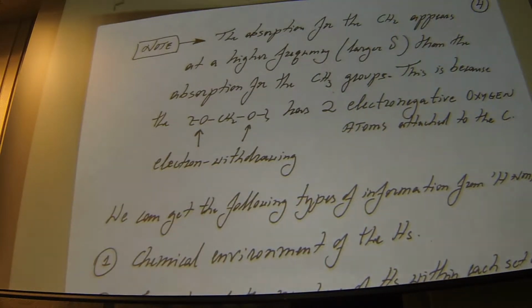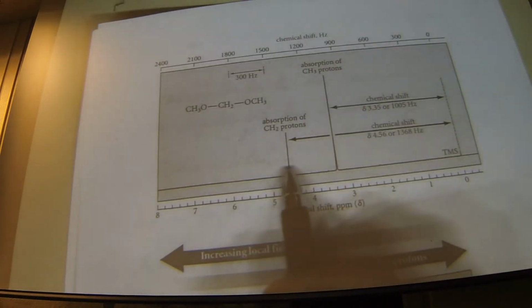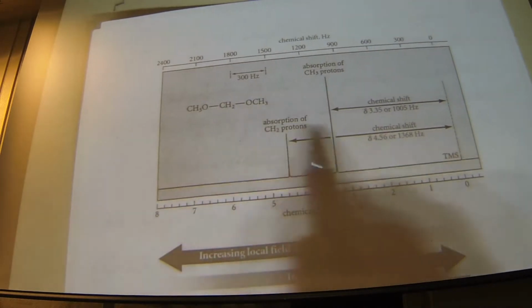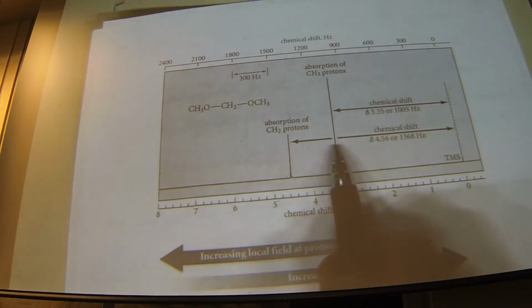The fact that the CH2 has 2 oxygens pulling electron density away from it, while the methoxys only have 1 oxygen pulling electron density away, shows up in the NMR spectrum. The one that has the 2 oxygens pulling away electron density is here. The methyls, only 1 oxygen there.